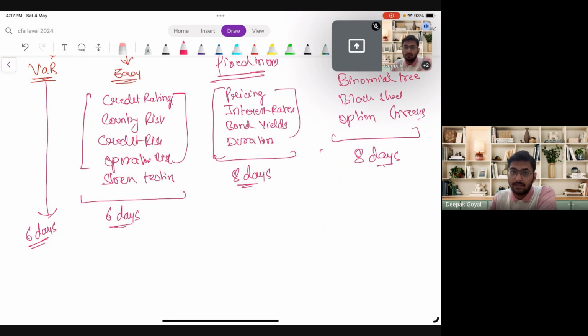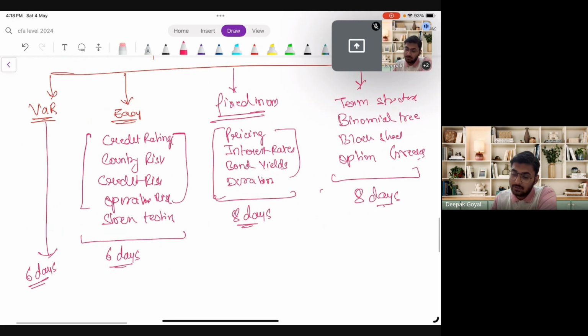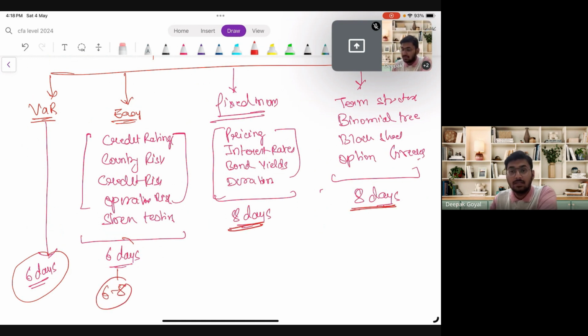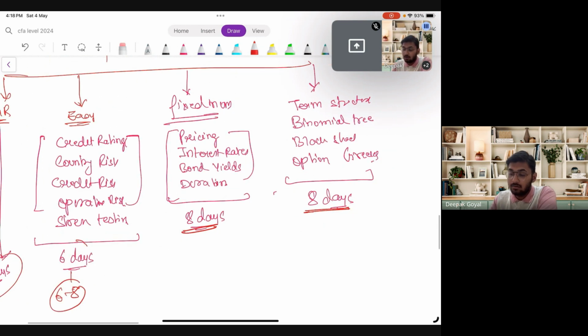Somewhere around 30 days. Now, the number of questions is the same as the number of days, somewhere 6 to 8 questions. Among all, this block is the very important block from the exam perspective.